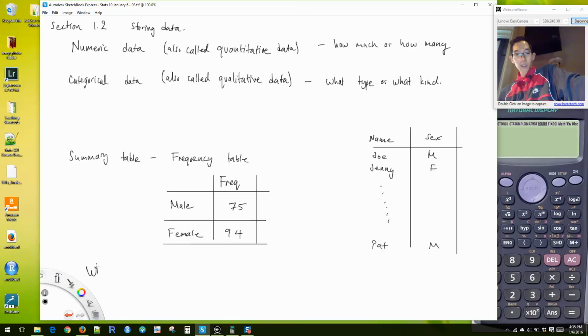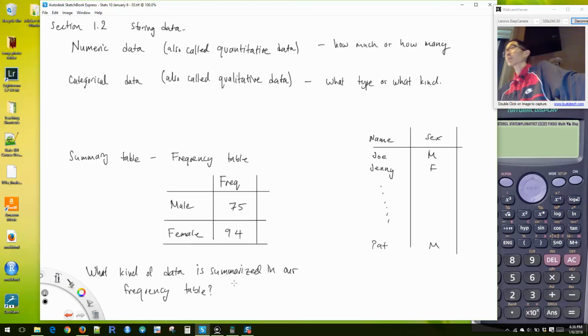Okay, what kind of data is summarized in our frequency table? Okay, so is this numeric or categorical data? It's categorical data, right? We've got genders, male and female, okay?